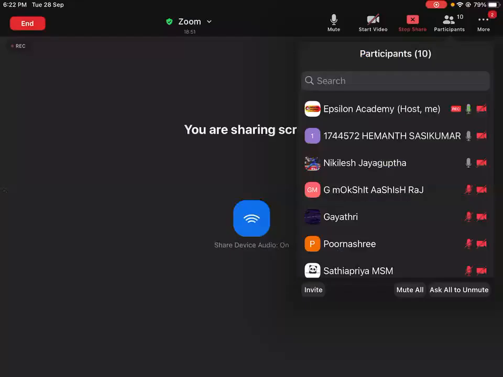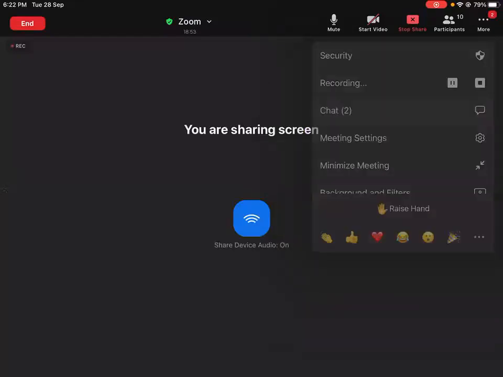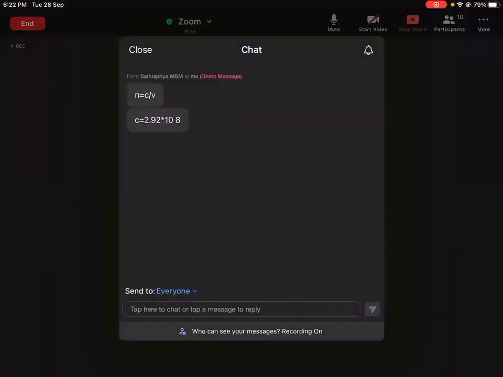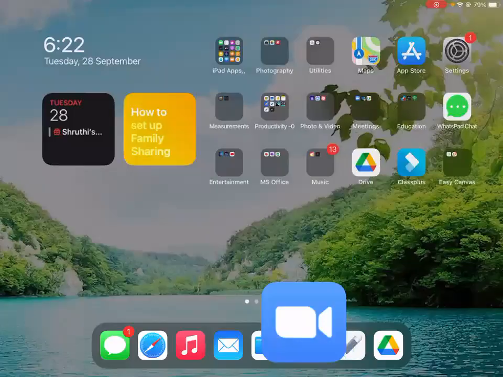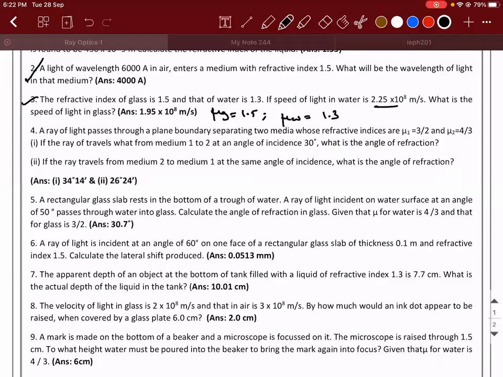We can directly do that without considering the speed of light in water. So refractive index of glass by refractive index of water. We can do it like speed of light into refractive index of water by refractive index of glass gives a speed of light in glass.